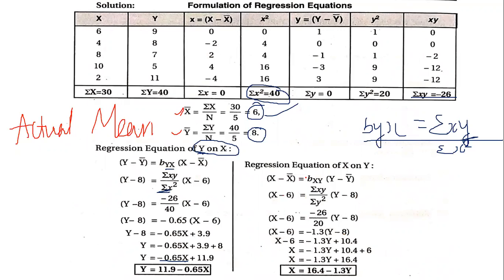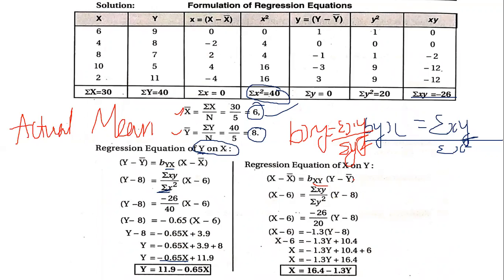So x minus x bar is equal to bxy. It's not yx, it's going to be bxy is equal to sigma xy will remain same, but in the denominator sigma y square, into y minus y bar. 8 we will see later.